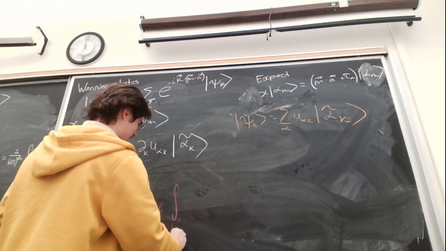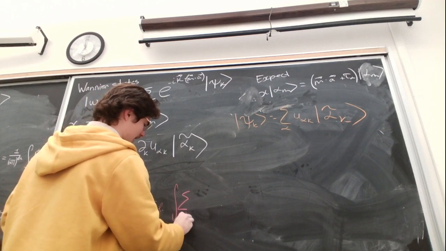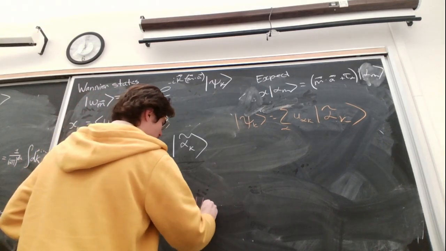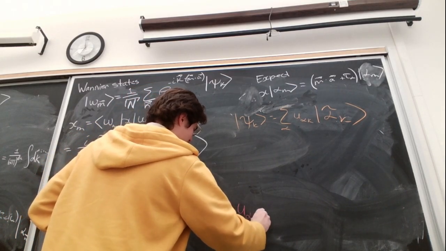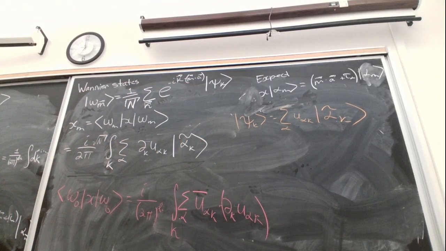Integral over k, sum over the atoms alpha, is that right? u alpha k times the derivative. Very good. So we've done our first computation.